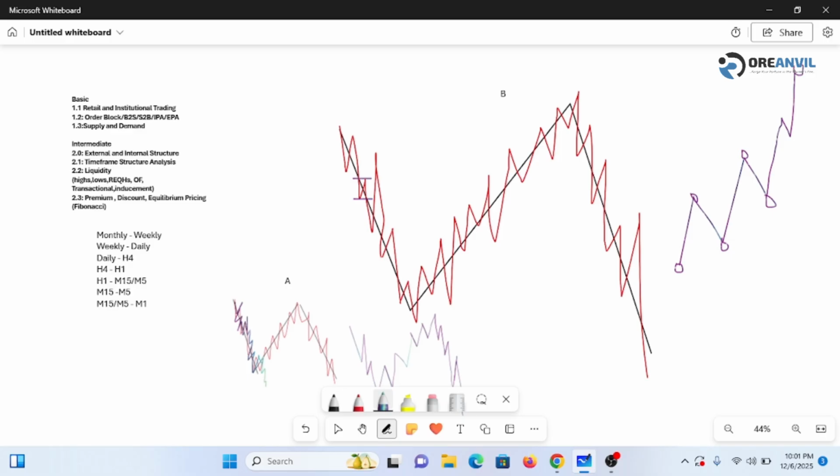A lot of people want to ignore this and draw their structure like this. No, you don't do that. If you have a higher high in this area, stop doing it and ignoring this. Don't do that. You intentionally ignored this transaction that took place here because you said it is not significant.